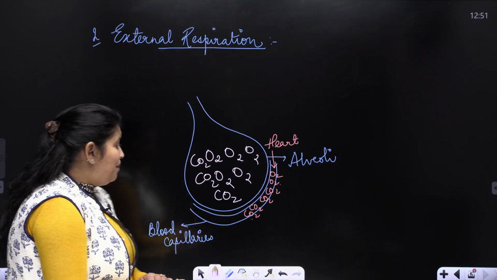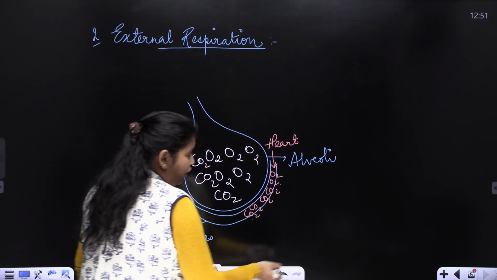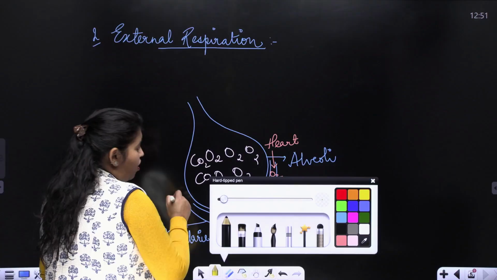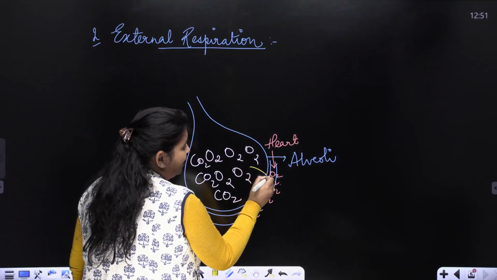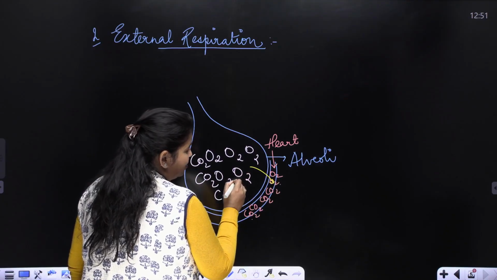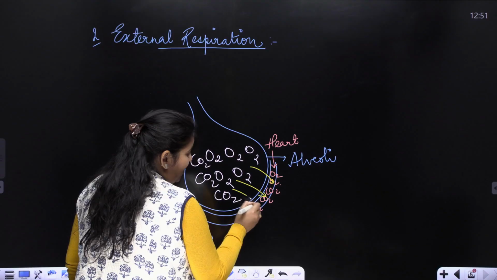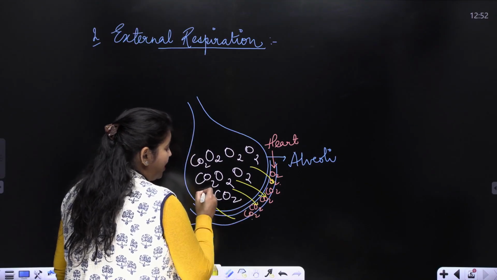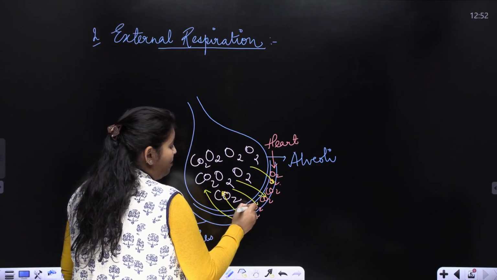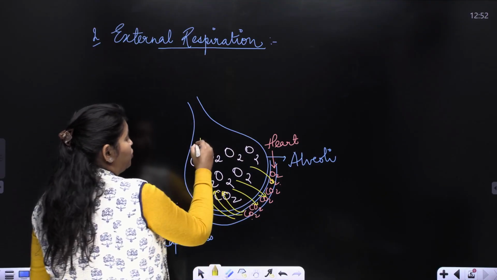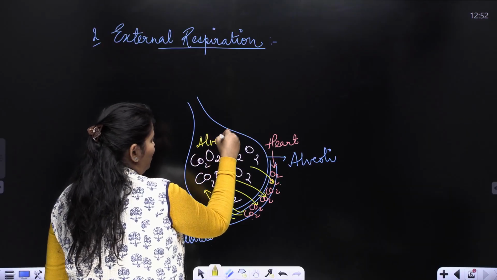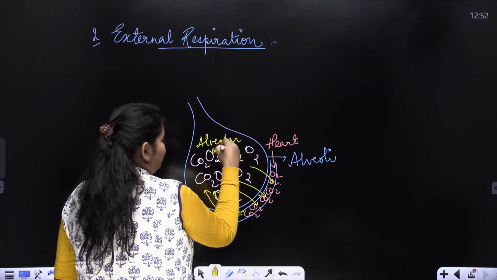So what is going to happen here? Which gas is going to move where? Tell me. Oxygen will diffuse from the alveolar air into the blood. All right. And the carbon dioxide will move from blood into the alveolar air. So here what you have is the alveolar air.